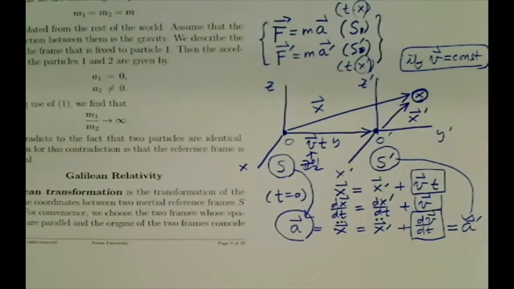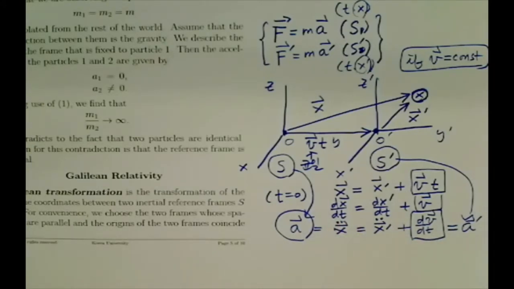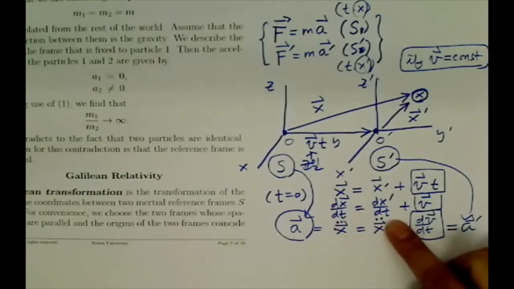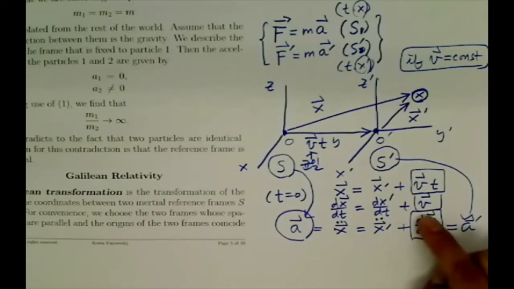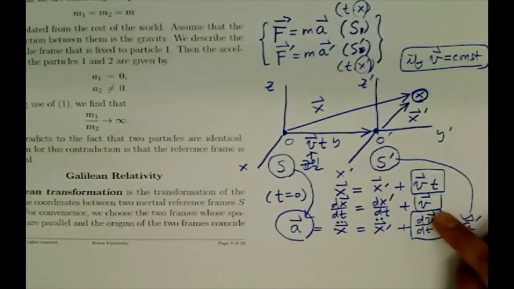If I take the first order time derivative of the displacement x, what we find is the velocity of the particle measured in S equals the velocity of the particle measured in S prime plus the relative velocity. This is a rule to translate the displacement and velocity of a particle. But if I take the derivative one more time, that constant piece, the relative velocity of the two coordinate systems, cancels exactly.